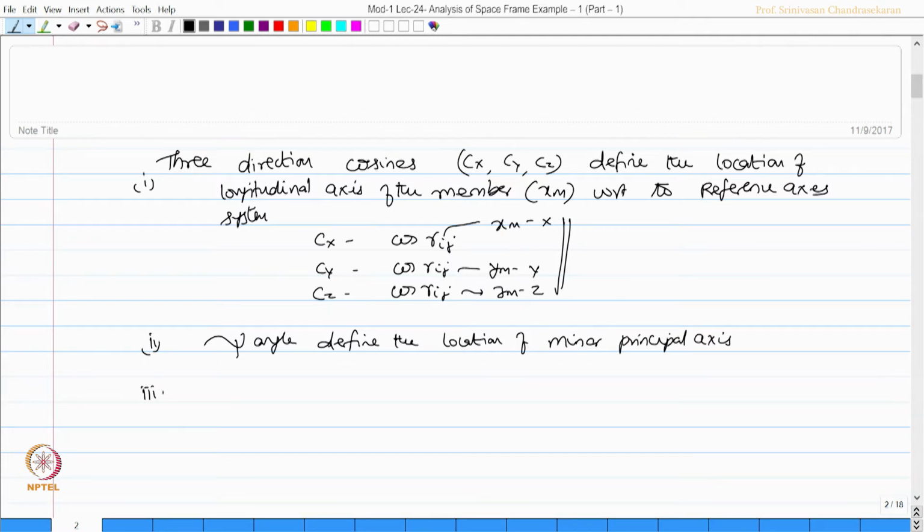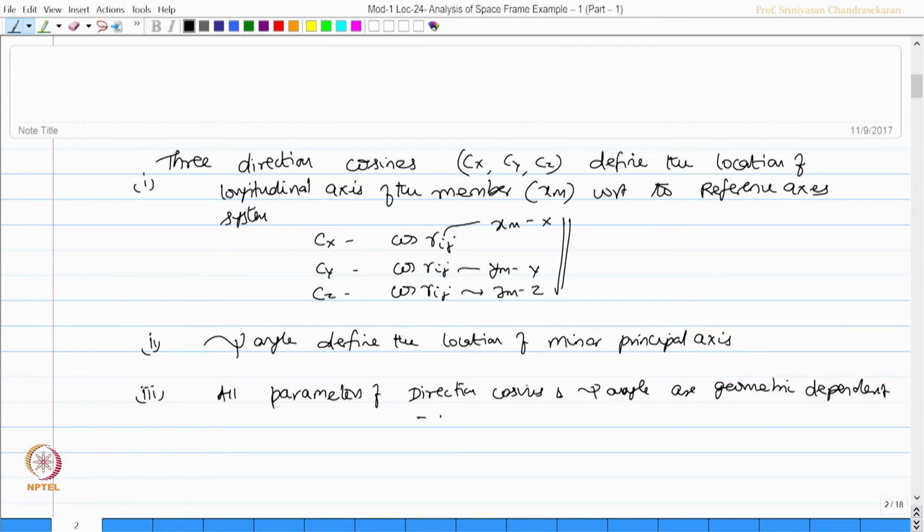We should also agree that all parameters of direction cosines and psi angle are geometry dependent, that is, they actually depend on the position or orientation of the member with reference to the reference axis system.